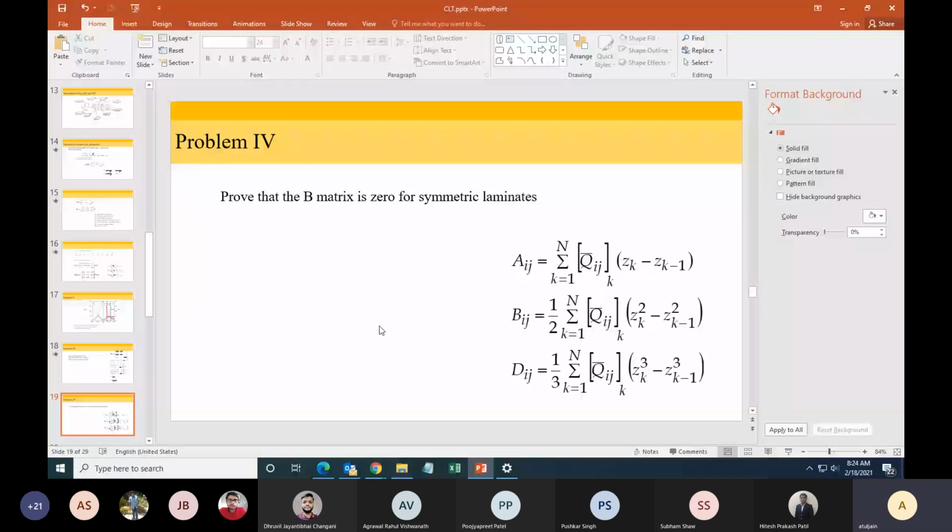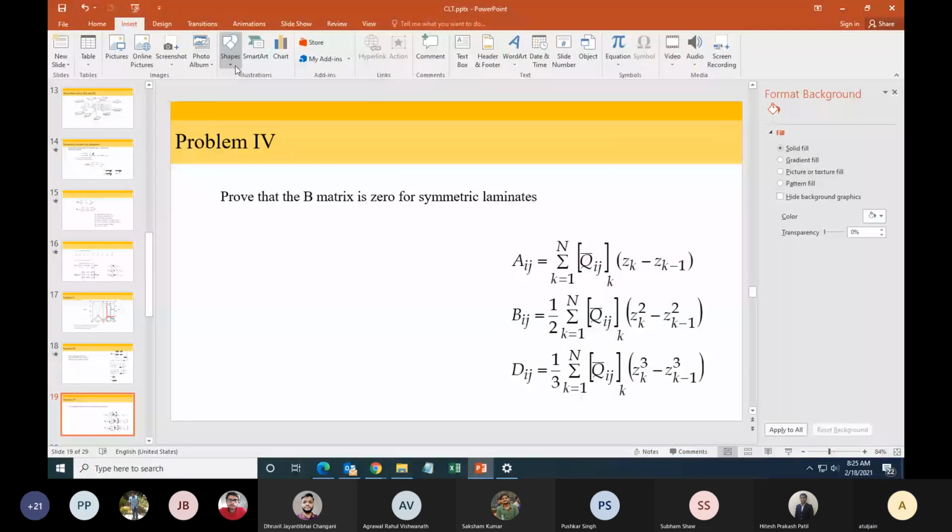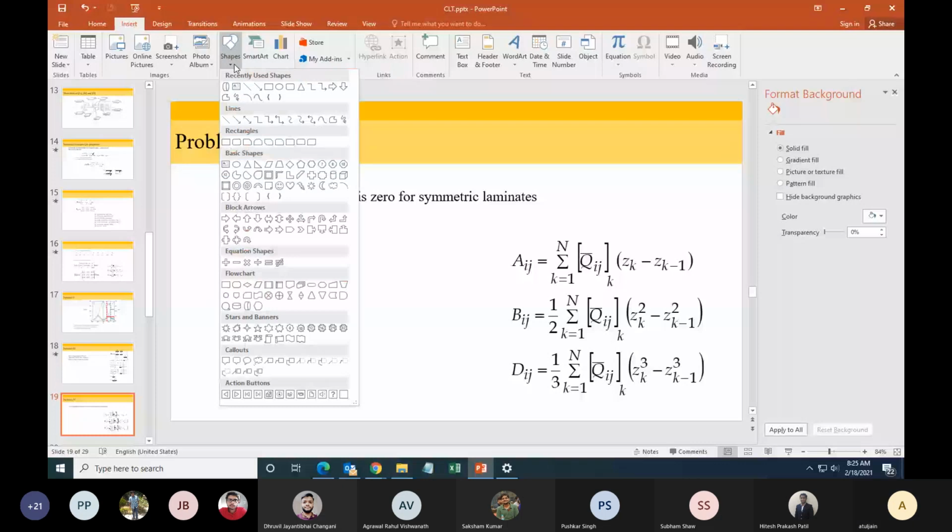Sir, z_k will be plus t by 2 and z_(k-1) will be minus t by 2. So the product will be... this is not a single plate, it is a general symmetric laminate. Sir, prove that this will be true for all the layers, even if there are n layers.